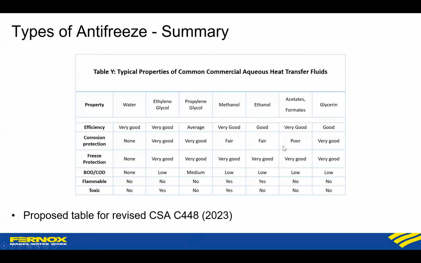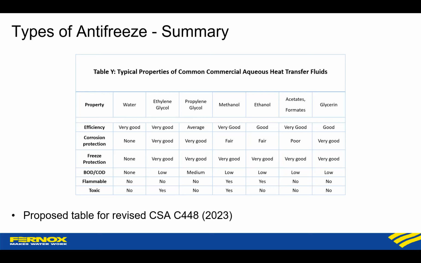When you get to things like acetates or formates, it is difficult to have a potassium acetate or a potassium formate solution which is very corrosion resistant. And from the talks I've had before, I've found that that's the case.